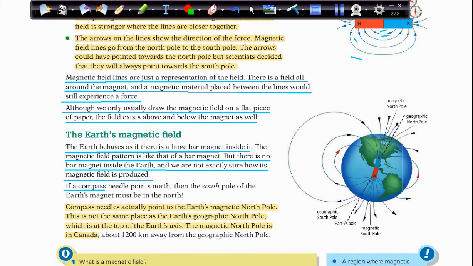If a compass needle points north, then the South Pole of the Earth's magnet must be in the north. How is this?